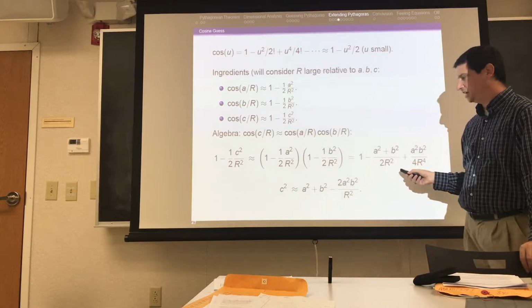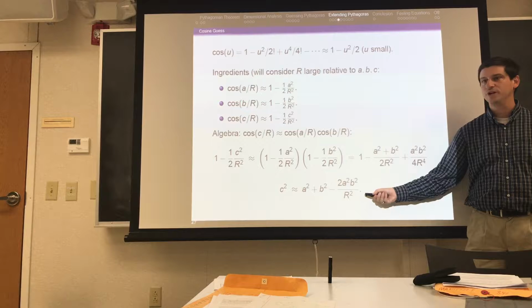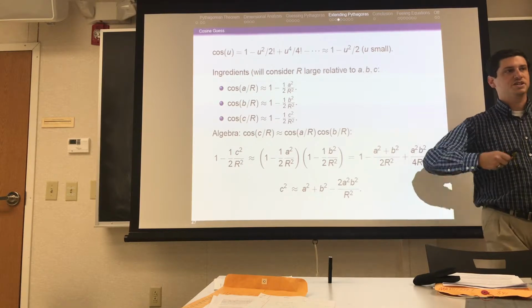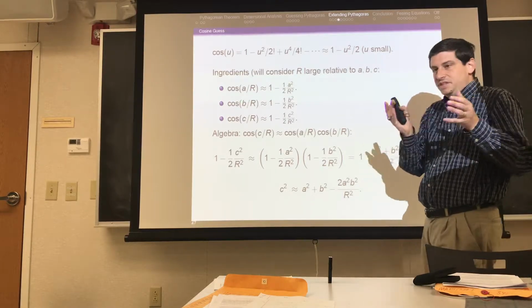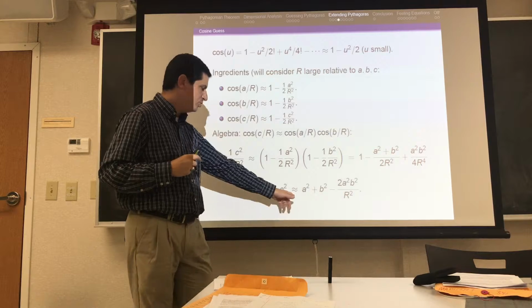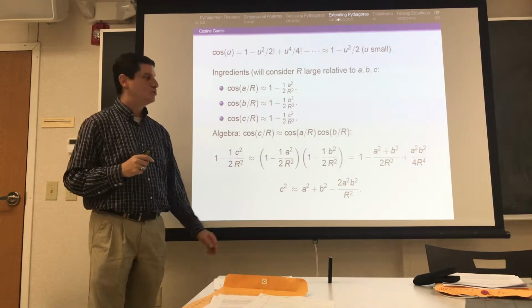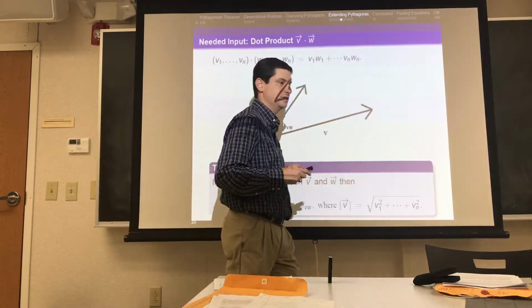The negative 1/2s cancel. And you get c squared is a squared plus b squared minus 2 a squared b squared over r squared. Well, as r goes to infinity, if you fix a and b, they become the infinitesimal triangle. And this will reduce to Pythagoras. So this is not a proof that this is spherical Pythagoras, but it's at least a candidate.